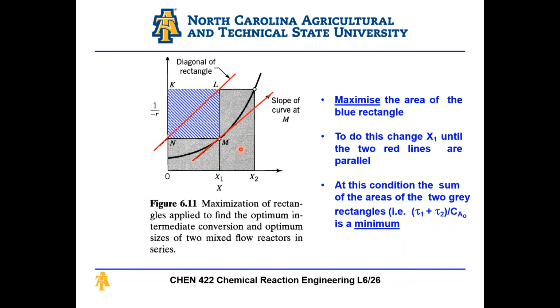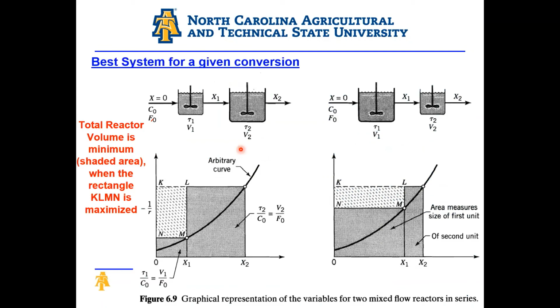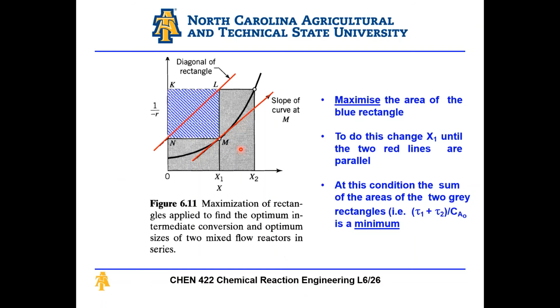So in case you have a combination of CSTRs in series of different volumes, and you need to determine what is the best configuration, I need to look at this chart of minus 1 over RA versus X. I need to maximize the area of this blue rectangle, KLMN. And in order to do this, I'm going to change X1 until the two lines are parallel. So I'm comparing the diagonal of this rectangle versus the tangent to this curve.